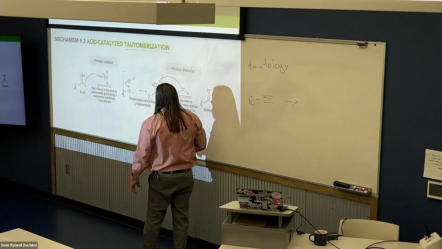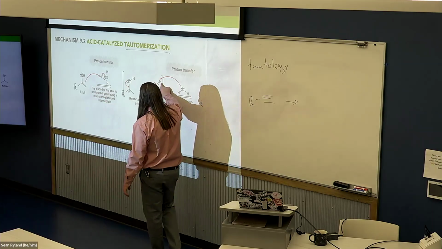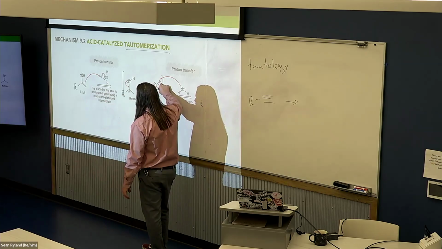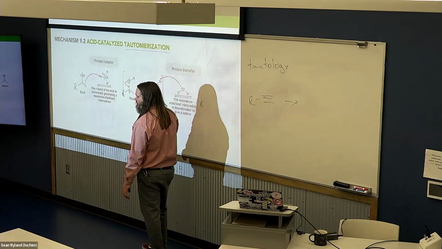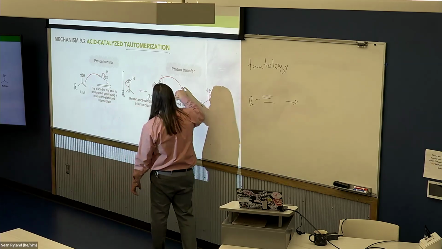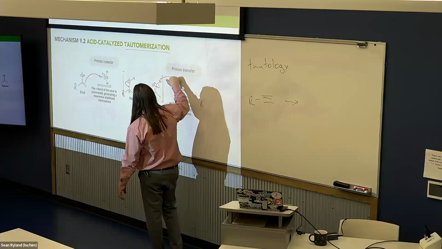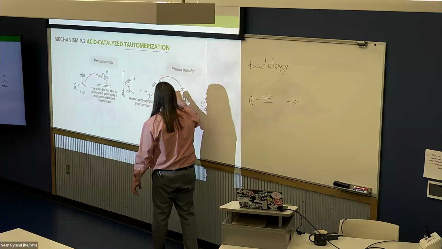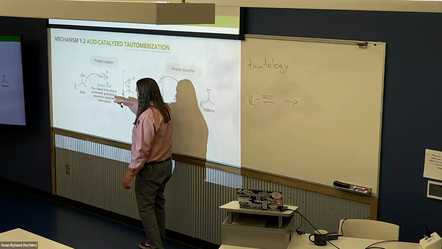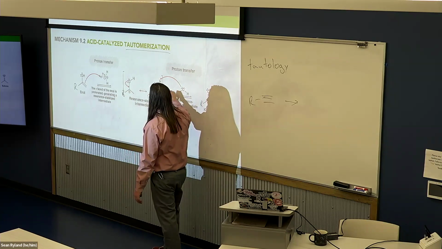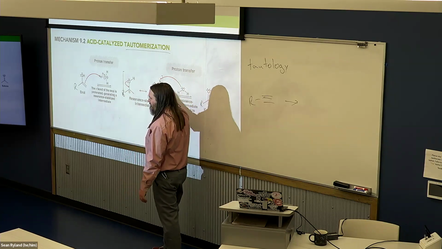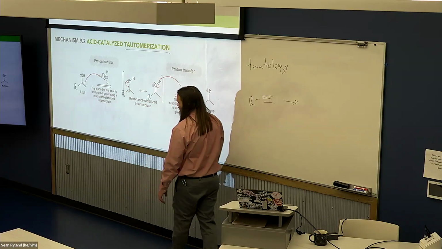This resonance structure would be totally stable if we just got rid of this proton on the oxygen, so we add another proton transfer step. All that you have to do for isomerization is a proton transfer step to break the pi bonds, a resonance structure that forms the other pi bonds, and then another proton transfer.